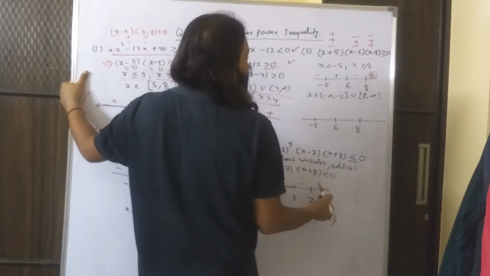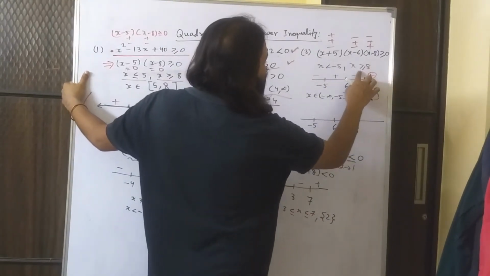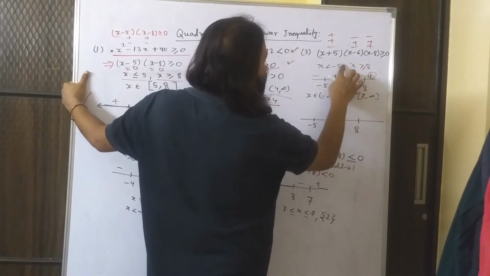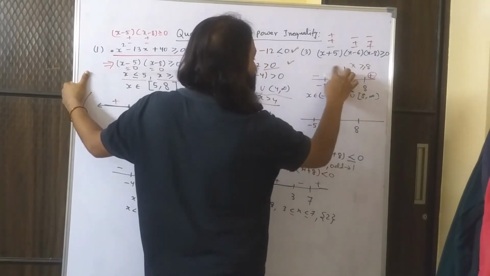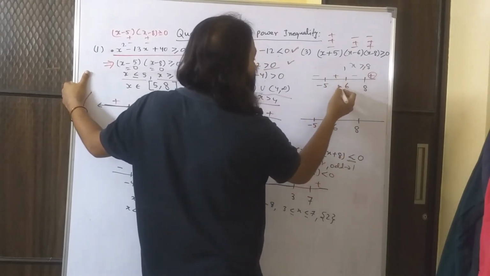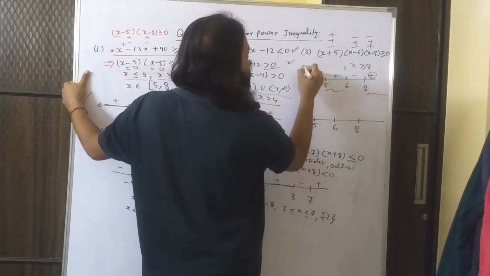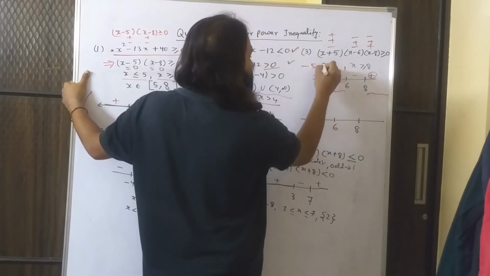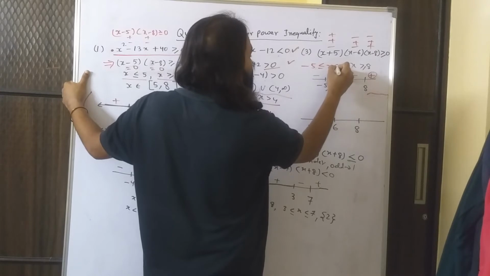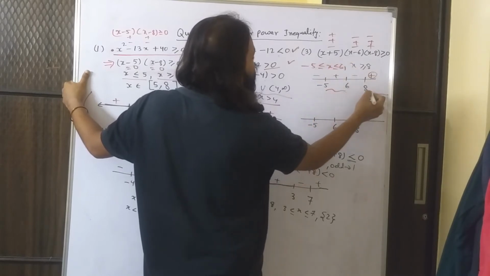I want it to be positive. So x should be more than 8, and x should be between -5 and 6. So I'll write here, because I want this region and this region, -5 less than or equal to x less than or equal to 6, and x more than 8.